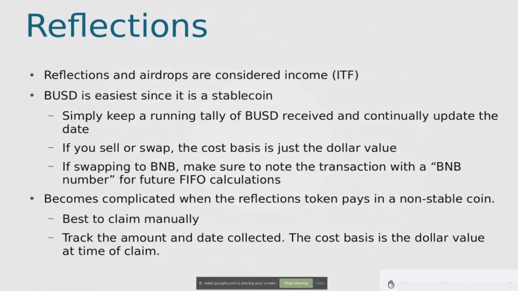Okay. BUSD reflections are super easy because it's a stable coin. Fortunately it's easy, so I just keep a running tally of how much BUSD I'm receiving. I actually have a separate wallet for Ignite, and you might want to consider doing that, because if you are like me and have a lot of reflections tokens, you're getting BUSD from all different sources.